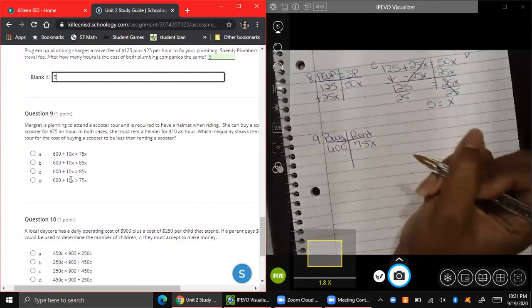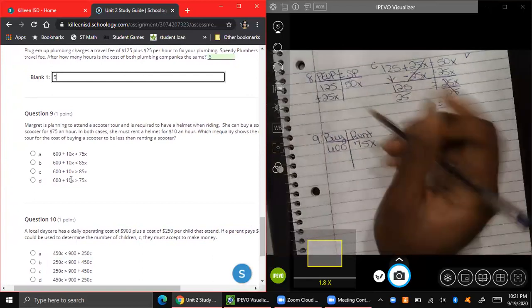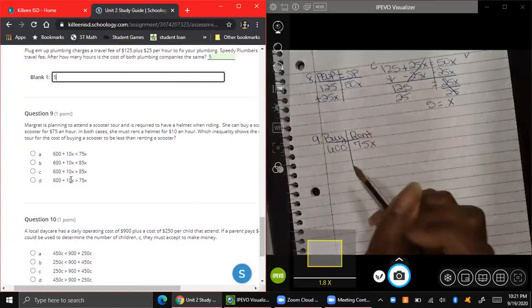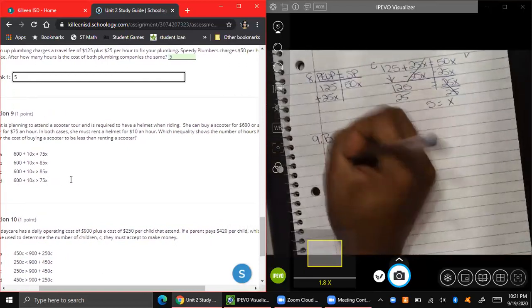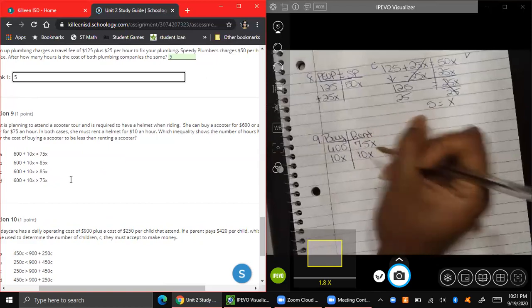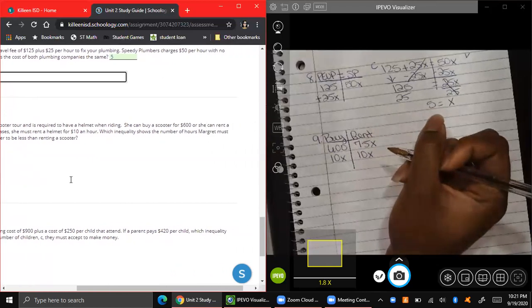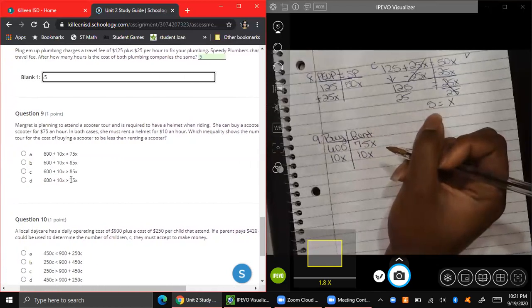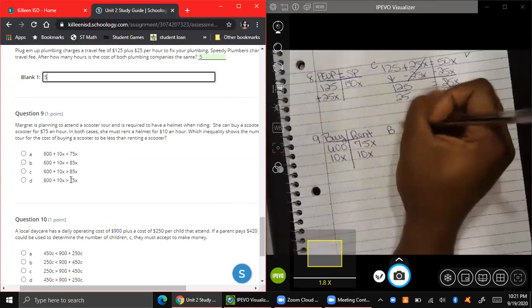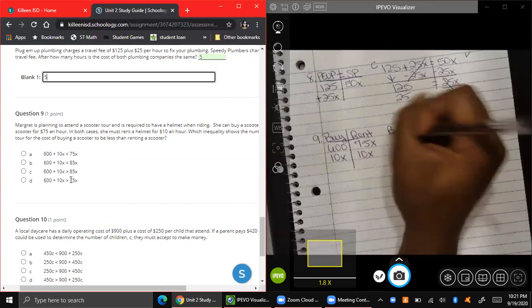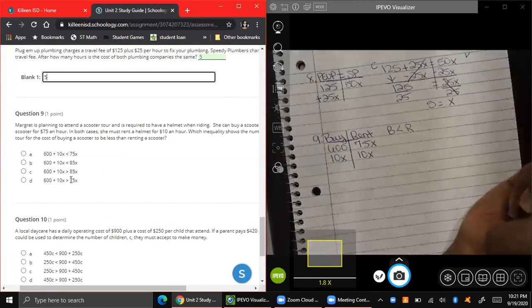So 75x, $75 an hour. In both cases, so whether she buys or rents, she must rent a helmet for $10 an hour. So 10x and 10x. Which inequality shows the number of hours Margaret must tour for the cost of buying a scooter? You want buying a scooter to be less than renting. So buying to be less than renting.